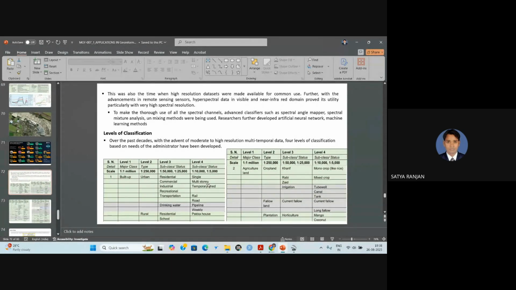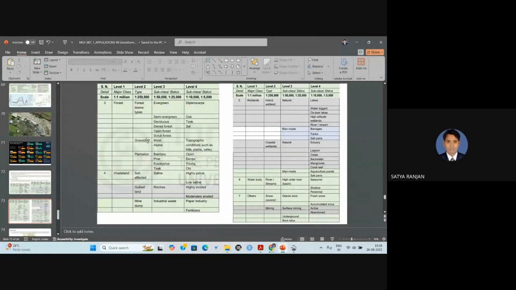So the resolution plays a very important role for land use land cover classification. So 1 is to 1 million means it is a very small scale map, and 1 is to 10,000 means it is a very large scale map, because the ratio is very less.